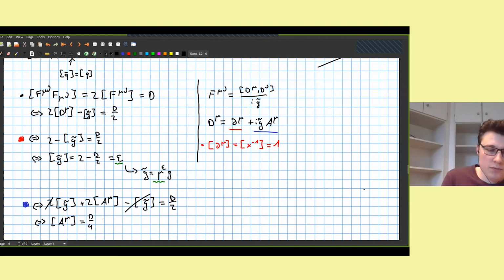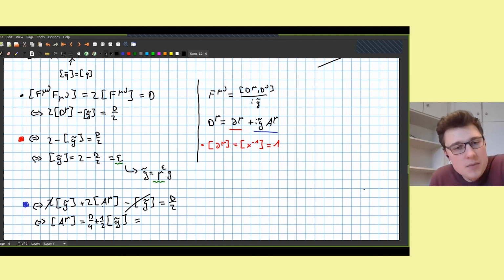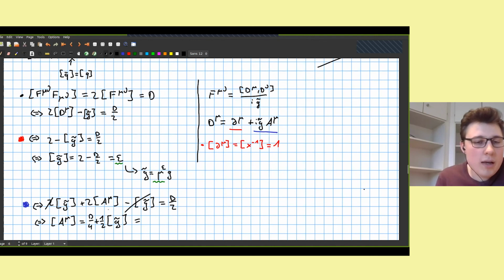D over 4 plus G twiddle, and inserting both D and G twiddle, we get. Oh yes, I forgot a 1/2 here. Sorry, 1/2. So we get a 1 minus 1/2. No, plus 1/2 epsilon plus 1/2 epsilon.